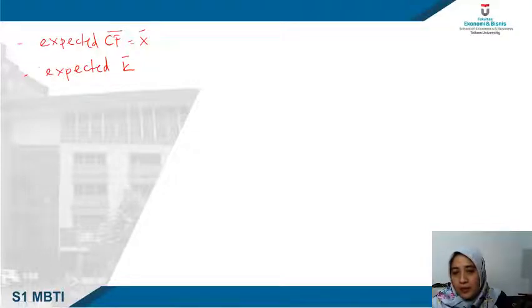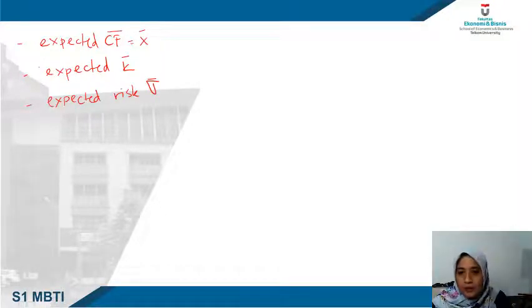Alright, and also we have learned about the expected risk. Okay, this is from the single investment.